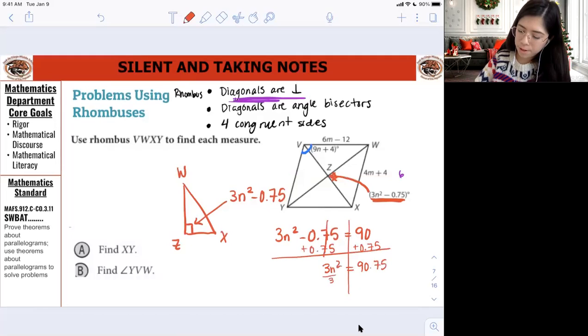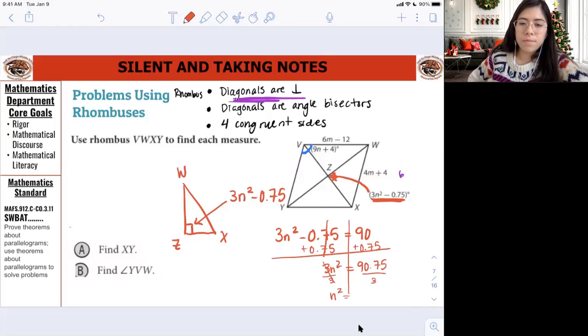Divide that by 3, what do you get? 30.25. Now what?